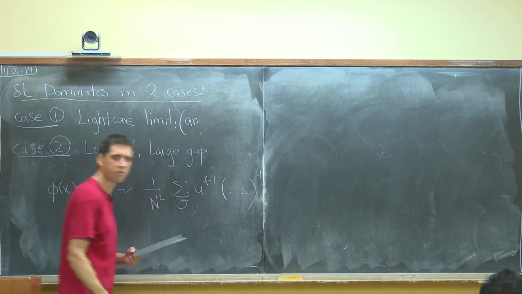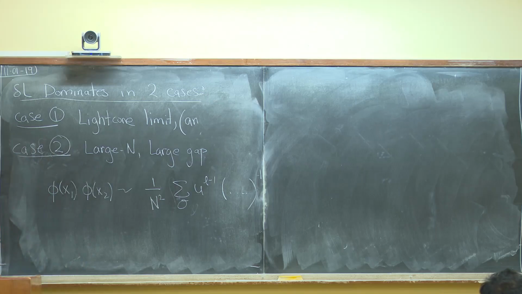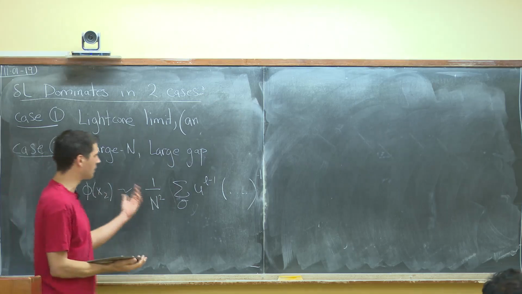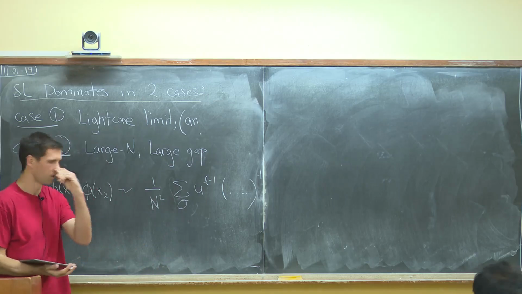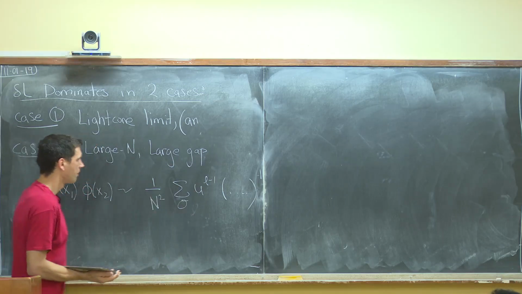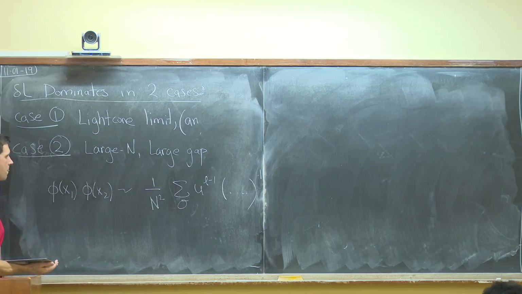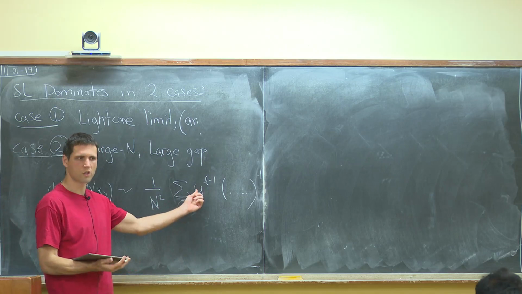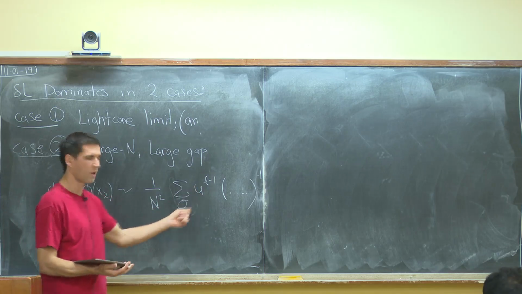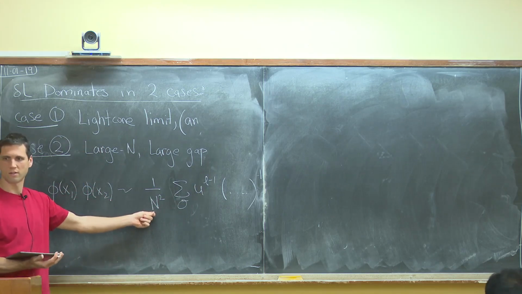We no longer have kinematic suppression. I've set u and 1 over v to be of the same order, so I'm calling them both u. So we no longer have the kinematic suppression, but we have a 1 over N squared to save us.